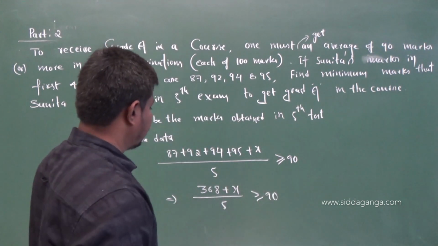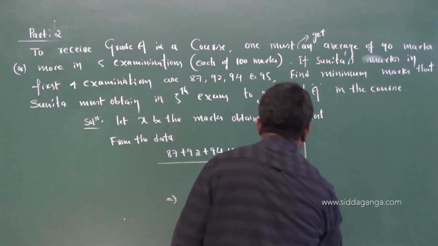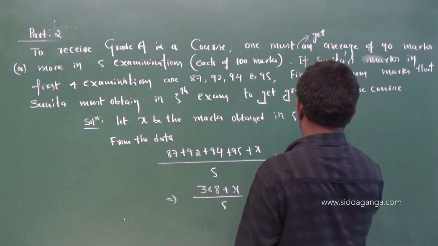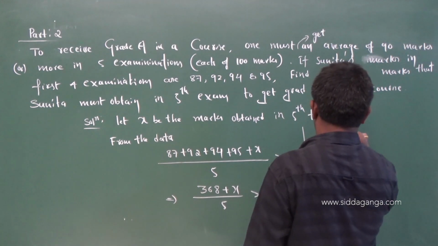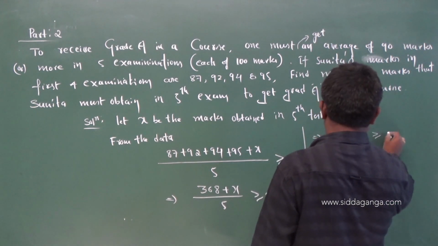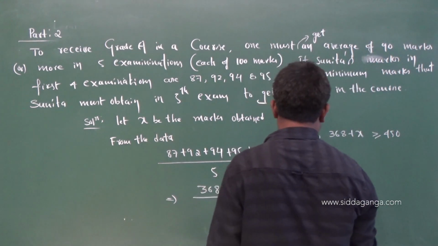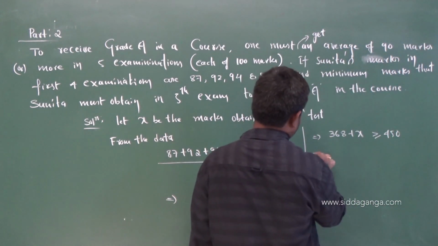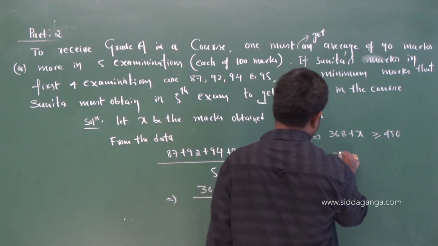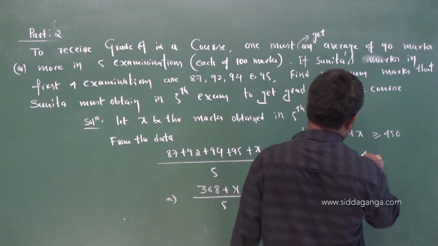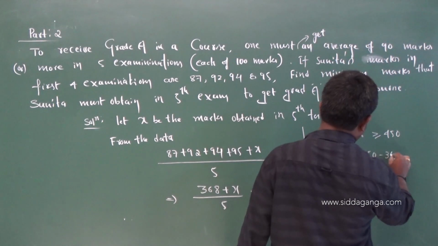So multiplying by 5 on both sides, you get 368 plus x is greater than or equal to 450. Adding minus 368 on both sides, x is greater than or equal to 450 minus 368.